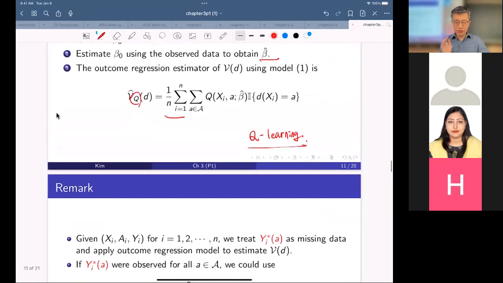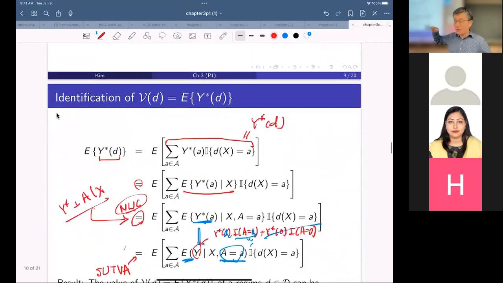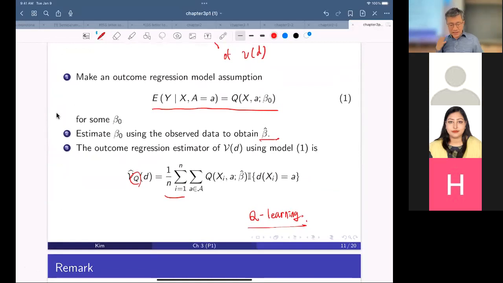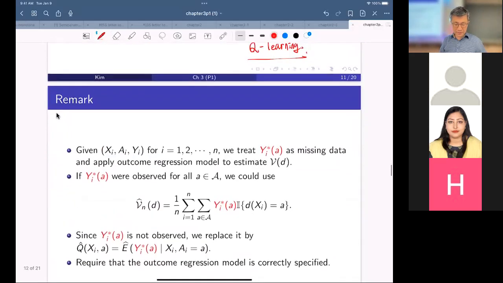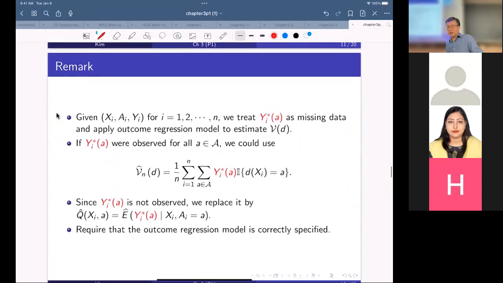So if you follow this, it is natural, but what does it really mean?